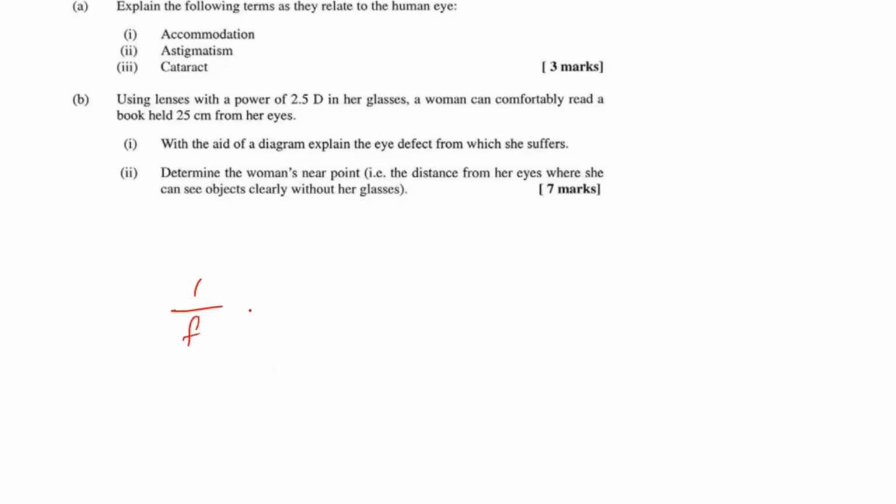So 1 upon f is equal to the power of the lens, yes? Which we know from the question. So to be able to do this, let's work out the focal length. So 1 upon p is equal to f.